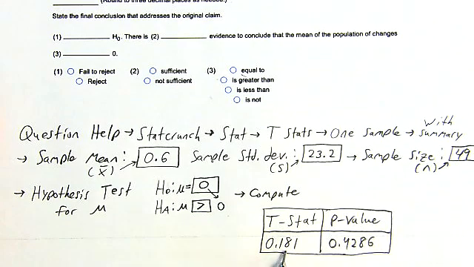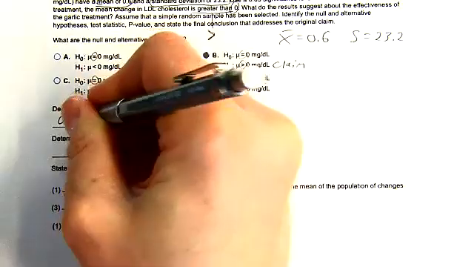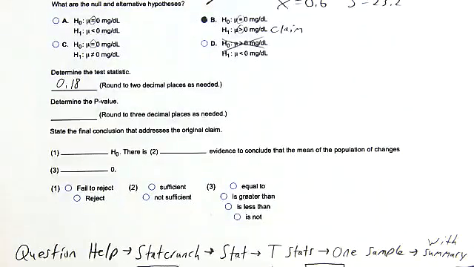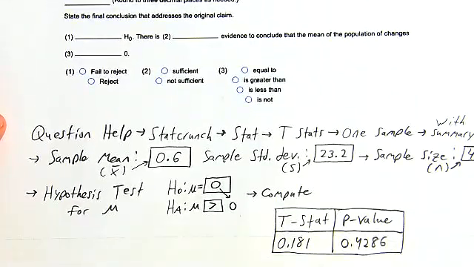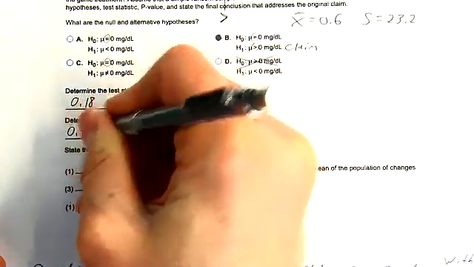And they want us to round the t-stat to 2 decimals, so we'll call it 0.18. And they want us to round the p-value to 3 decimals, so we'll call it 0.429.